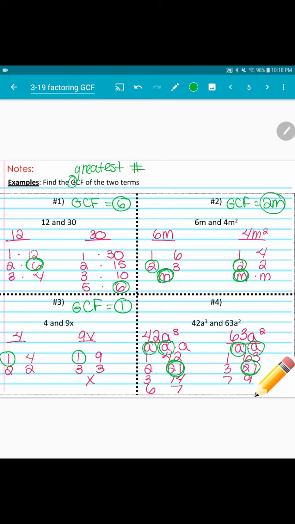So this time I'm going to take out more than 1. So that means my GCF is going to be 21a squared because I'm taking 2 with me in both. All right, so that's how we find GCF. That's what's going to help us with factoring today.